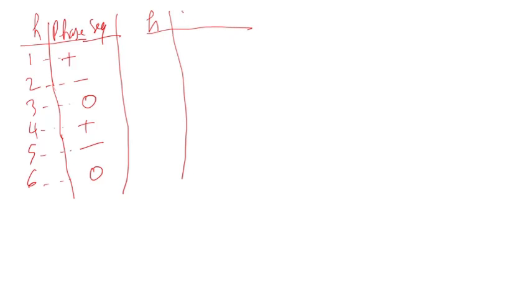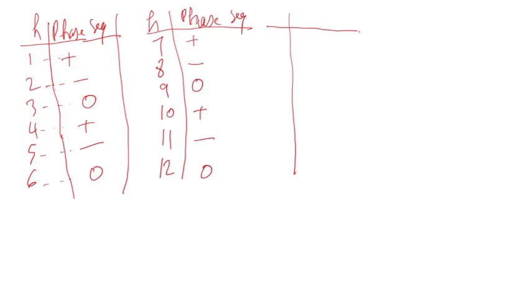H and phase sequence. So 7, 8, 9, 10, 11, 12. So basically you keep going. So positive, negative, 0 sequence, positive, negative, 0 sequence.